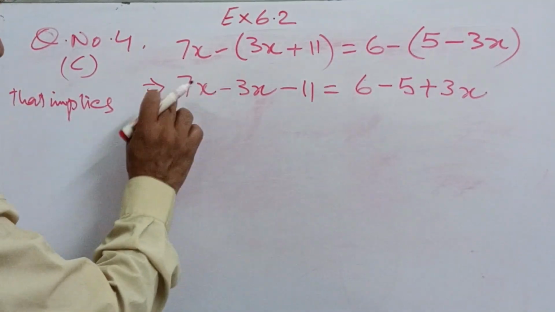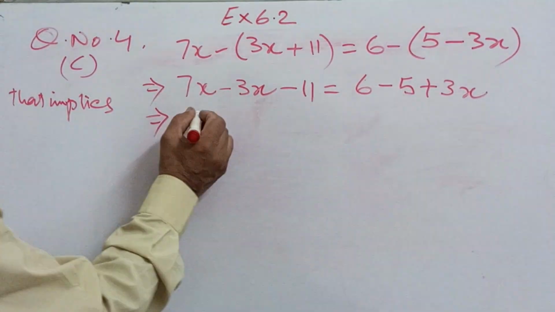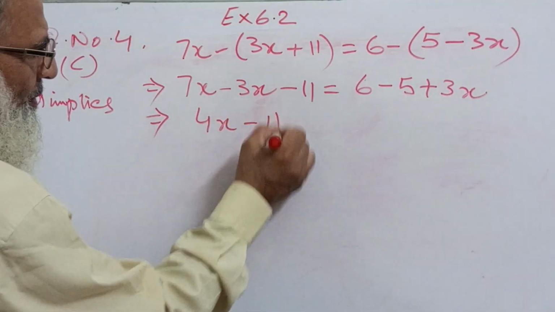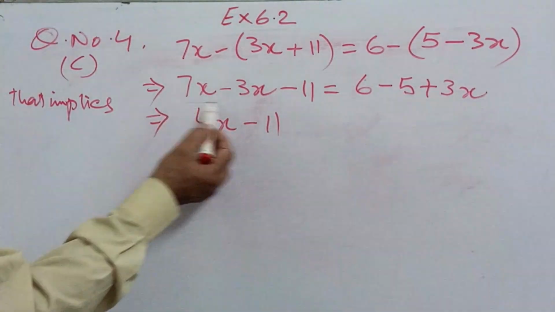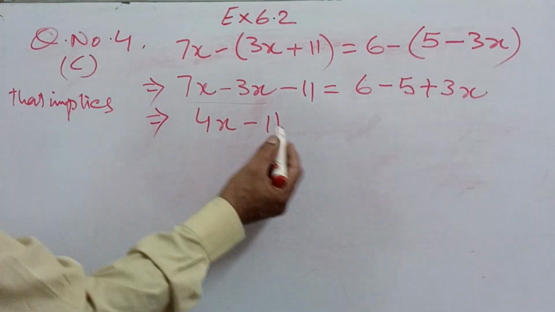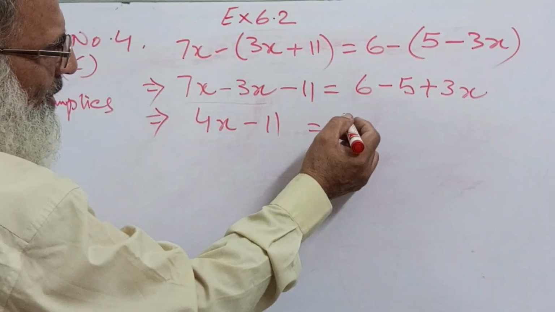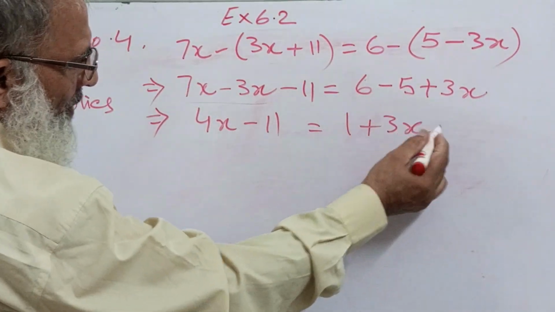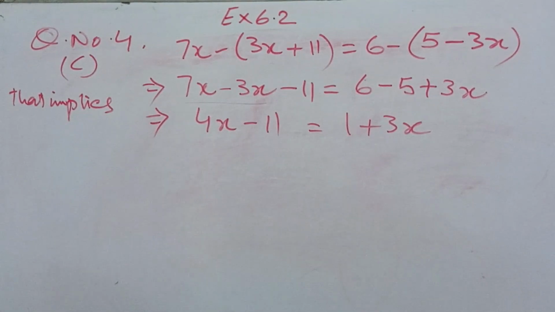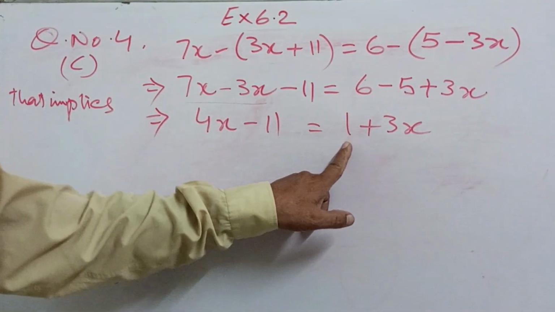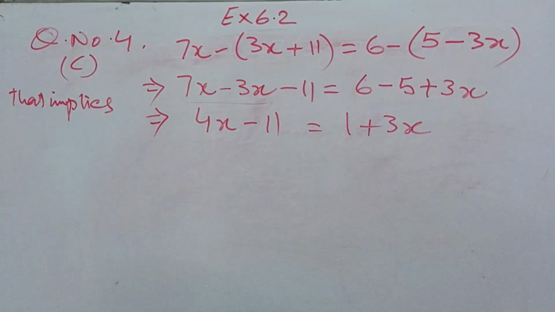Now you can do it. 7x minus 3x is 4x, minus 11. Now this has become 4x minus 11, and now this has become 1 plus 3x. When 1 comes in such a situation, it will be written; it will not be invisible anymore.